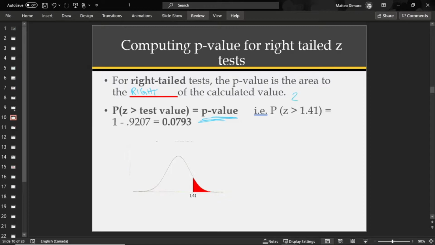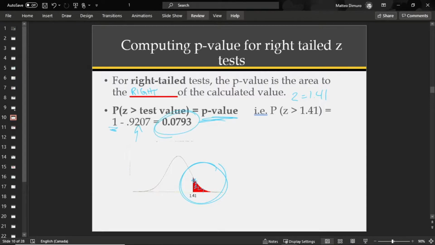So if you get a z value of 1.41, you'd go look that up on your table. You'd be looking for the area to the right. Now remember, our tables give the area to the left, so you'd have to go 1 minus whatever area you look up at 1.41, so that's 0.9207. You can go ahead, check it out on your table.